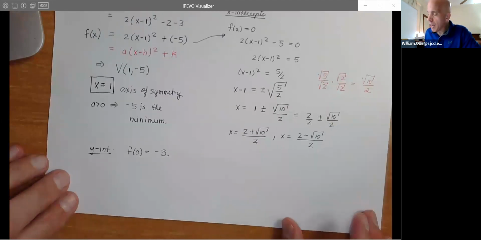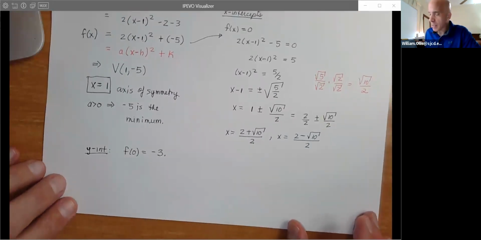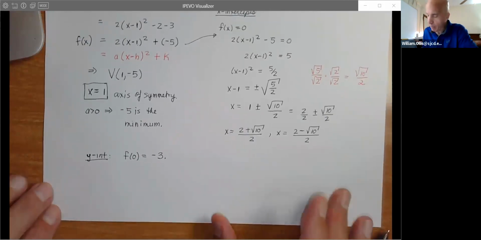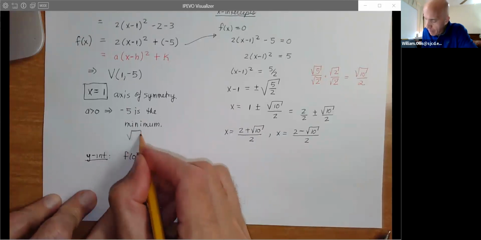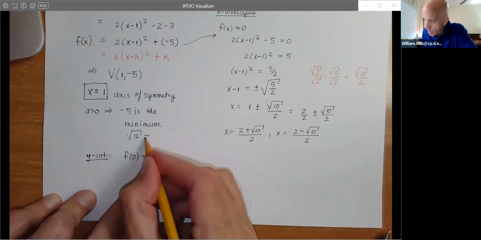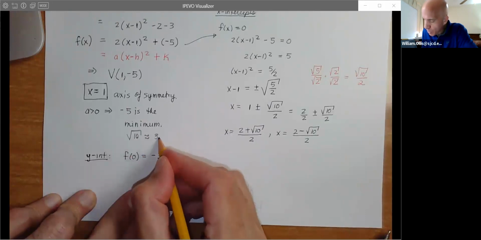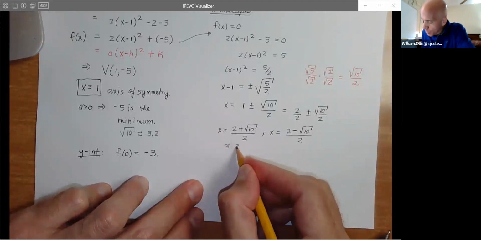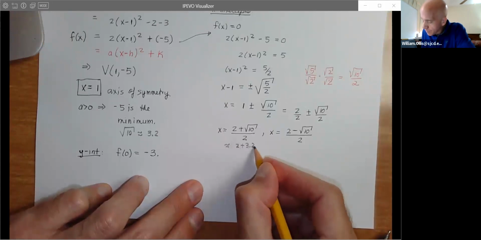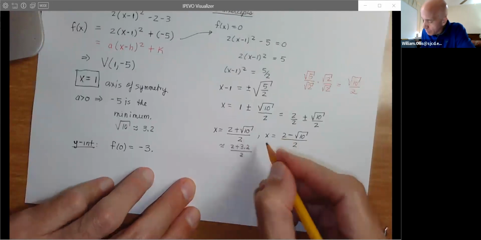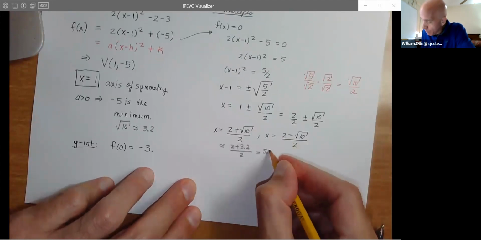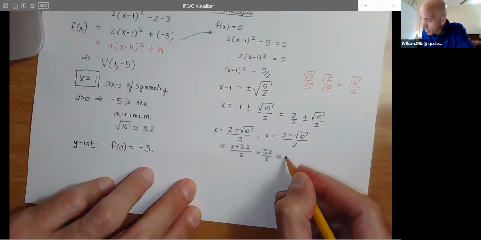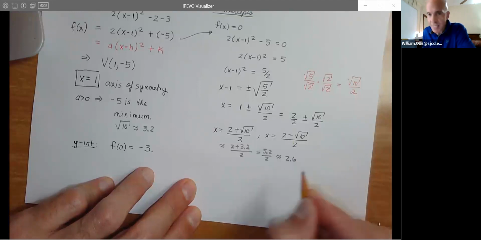So when you think about this particular function, you're thinking, what do we have here? If we wanted a really cheap graph, we could say square root of 10 is approximately, we'll just use 3.2 as a rough estimate. So now here we'll have 2 plus 3.2 divided by 2. So this gives us 5.2 divided by 2, which would be about 2.6.